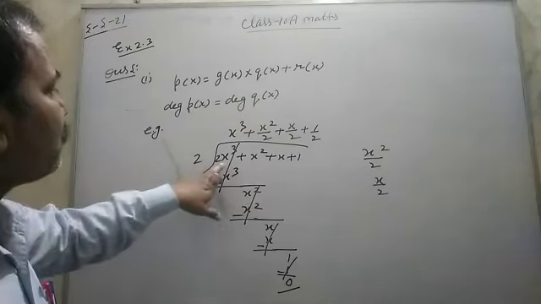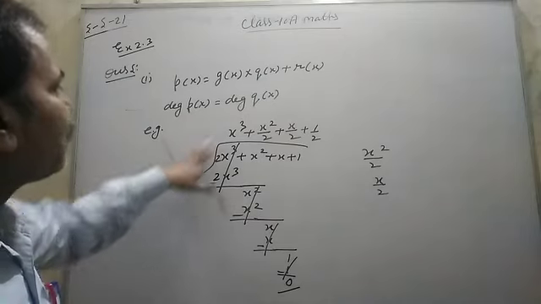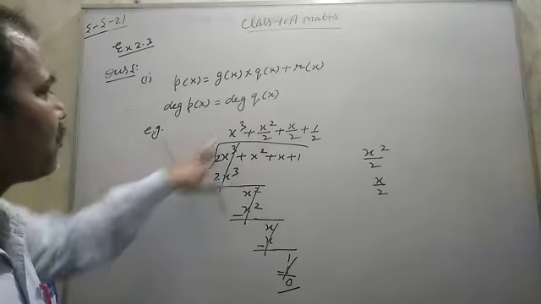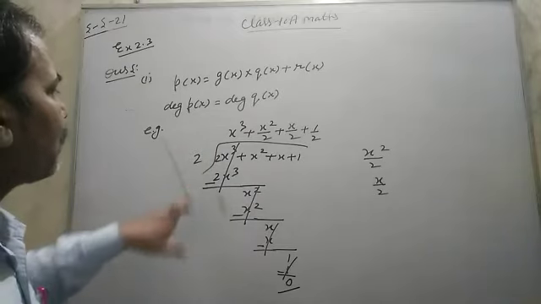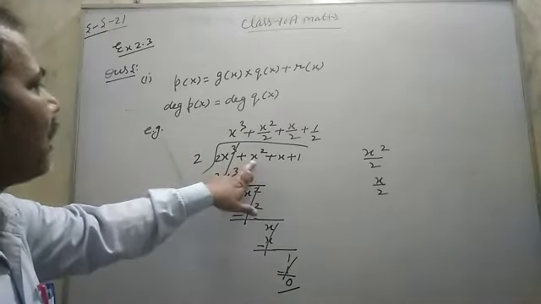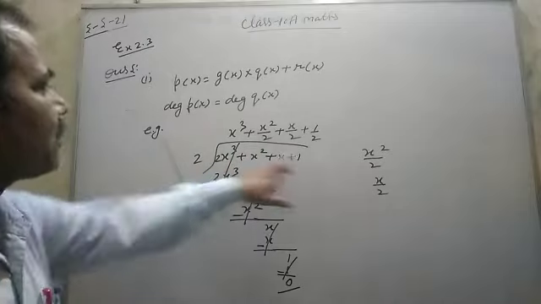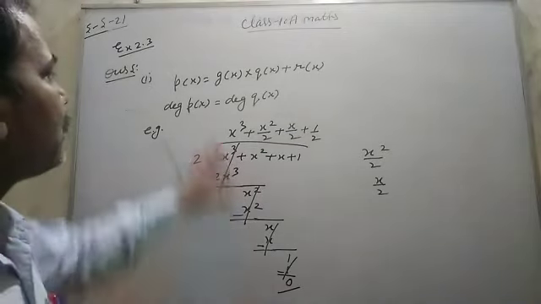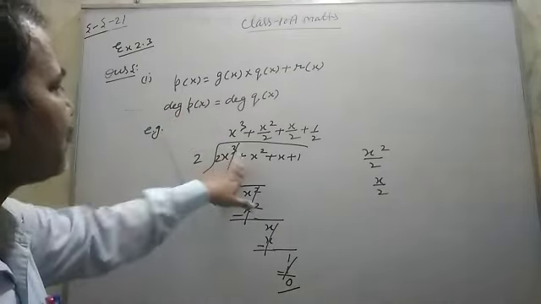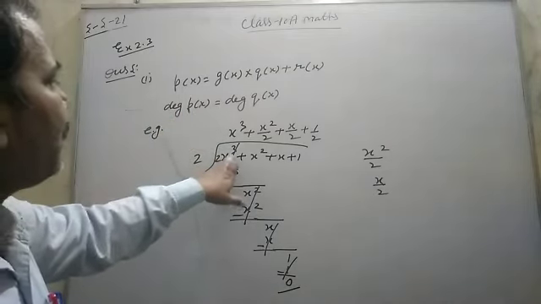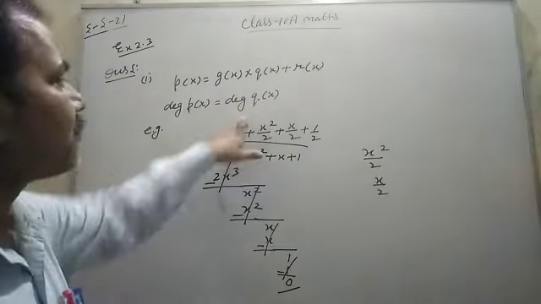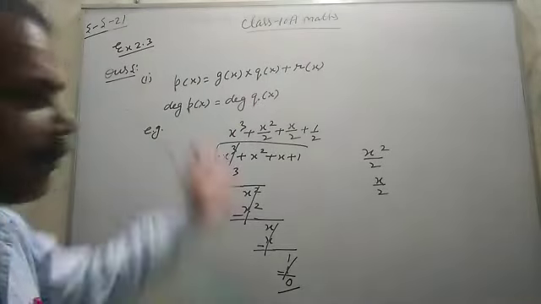Multiplying divisor by quotient, dividend is equal to divisor into quotient plus remainder. So 2x cube plus x square plus x plus 1. Clear? This is the example in which the degree of p(x) is 3 and the degree of quotient is also 3, and like this many examples can be.